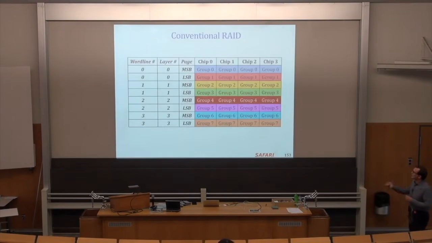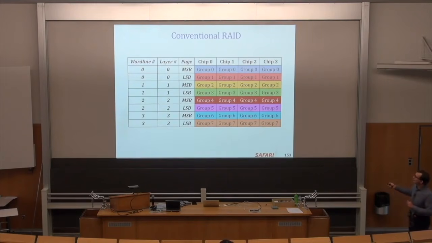So let's take a look at the grouping that you potentially do. These are different chips, and these are different pages, and these are different word lines. Word lines are on different layers, and different layers have different characteristics. So if you group pages of the same layer together in the same RAID group, this may have a very high raw bit error rate.